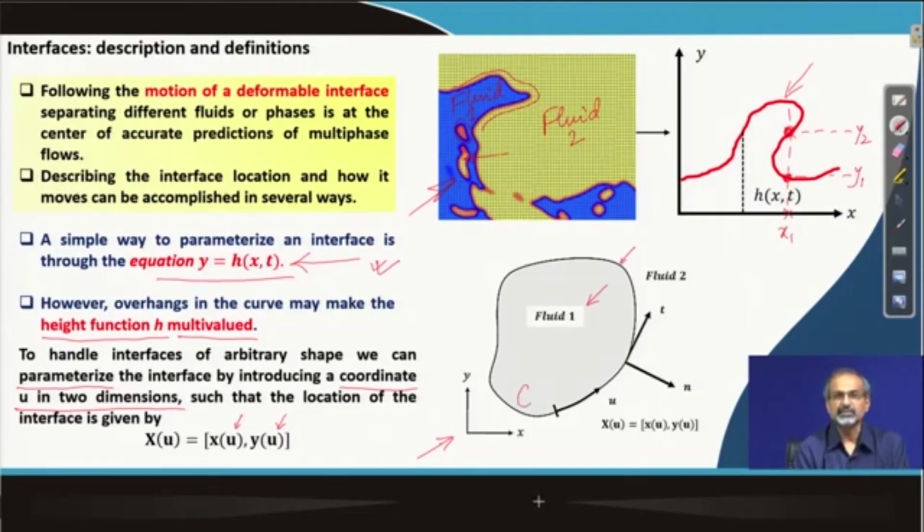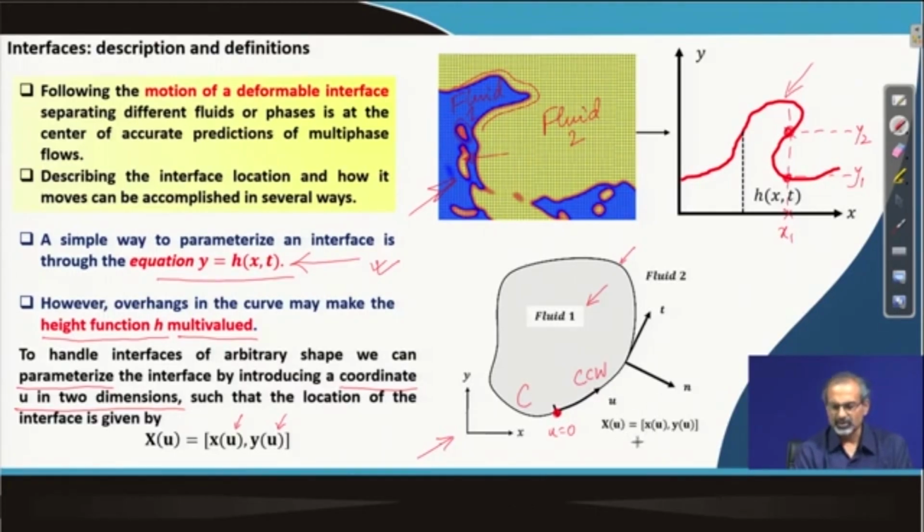Let us say the curve is C. So, you have a starting point defined where u is equal to 0. From that point, you are trying to move counterclockwise along the periphery of the curve and trying to come back to that original point, and in that case you will not have the problem which the height function had faced.